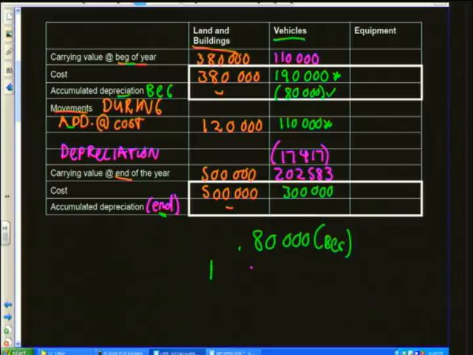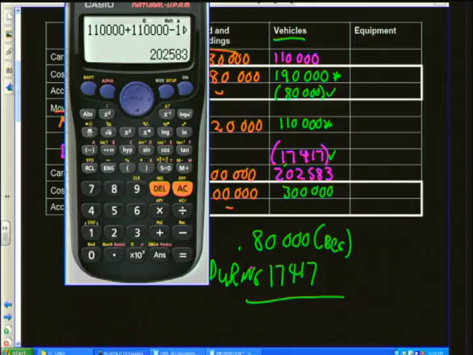During the year, we wrote off an additional 17,417. So at the end of the year, my total accumulated depreciation will simply be the sum of the two. Let's get the calculator out again.